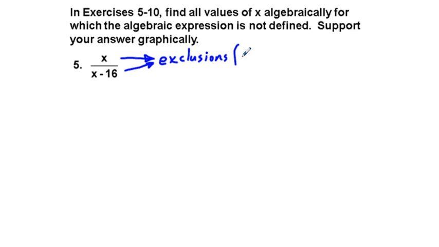Exclusions would be where the expression, or it could be a function, is not defined. So we really have a quotient of two expressions. We have x in the numerator, x minus 16 in the denominator.